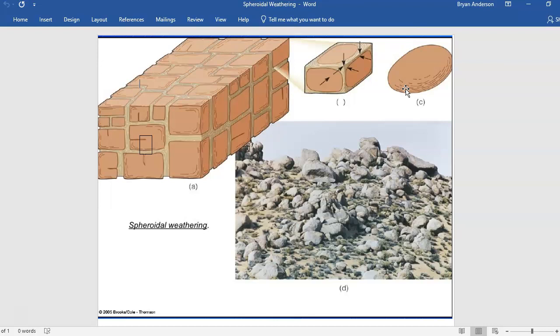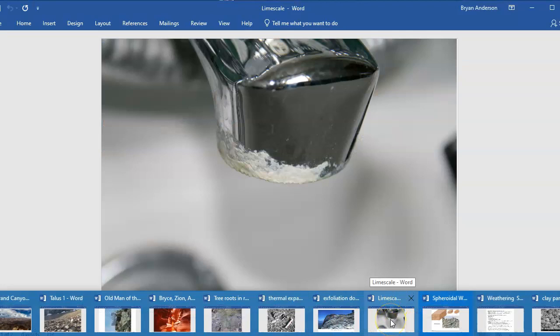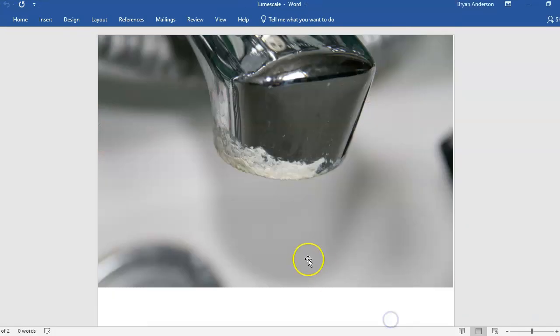By in solution, it's kind of like that calcium that got carried to the bathroom fixture right here. So that was dissolved in water. If you can picture a drop of water here, evaporating away gradually and depositing that calcium mineral right here as limescale.